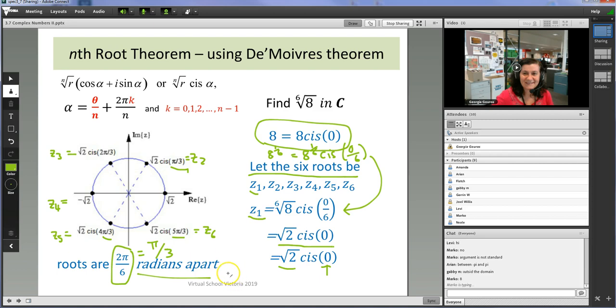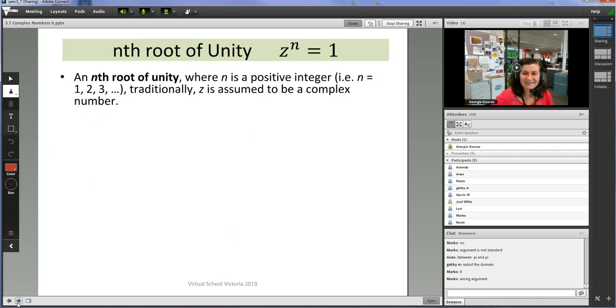We've got to make sure that the argument is between negative pi and pi. So we need to adjust these ones here as our final answer. But while we're showing our working out, it's correct to do this, okay? It's correct to show this. This is part of the working out, then we finalise the final answer and present it in the correct form.